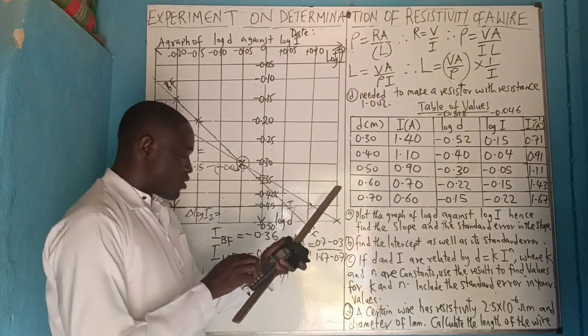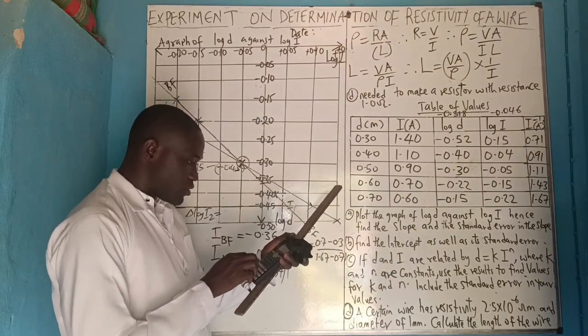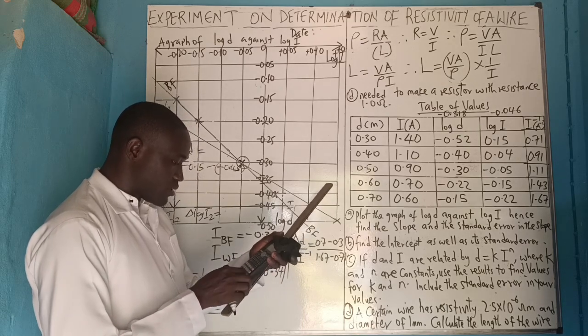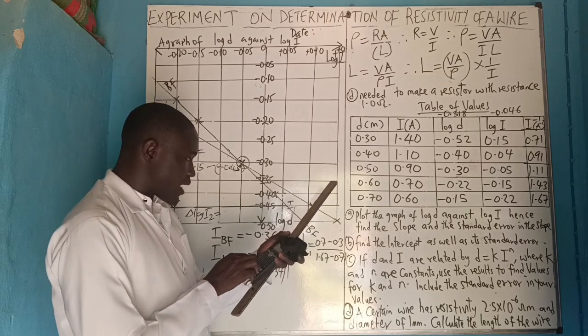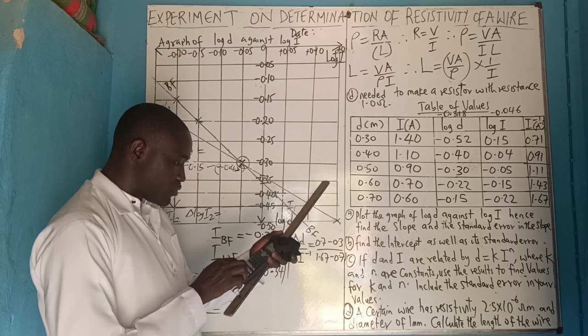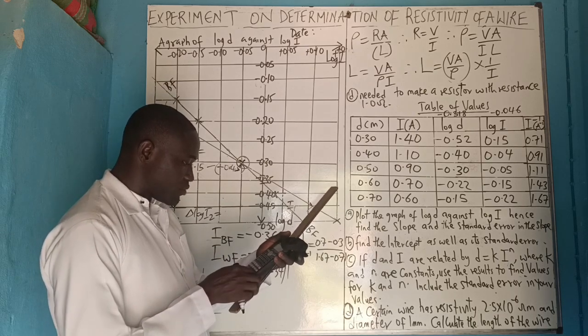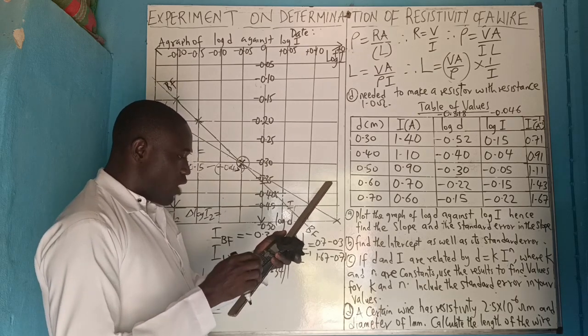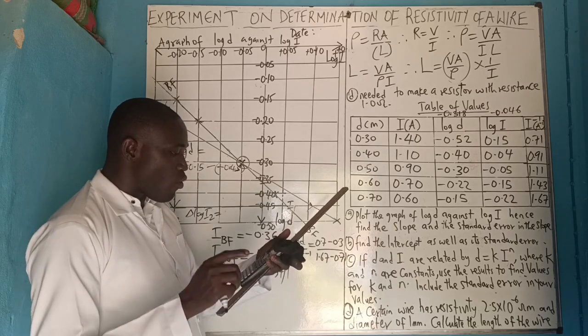I will use my calculator. 0.7 minus 0.3 divided by bracket 1.67 minus 0.7. That will be giving you 0.41.